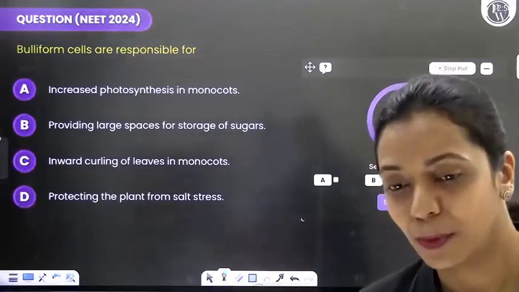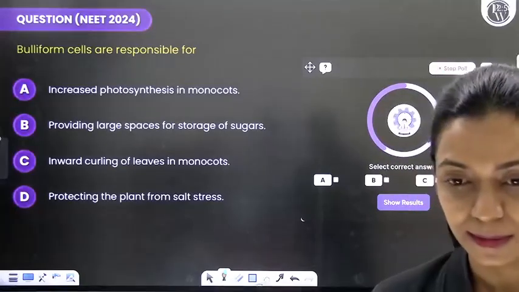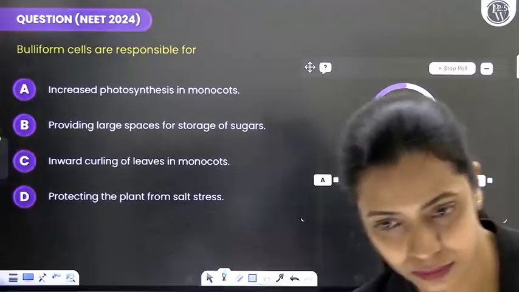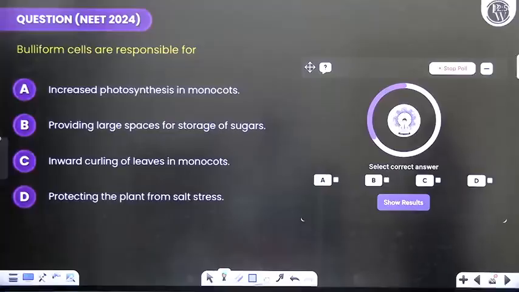Secondary growth is not important, Purnima. It's deleted from the syllabus. What are bulliform cells responsible for?